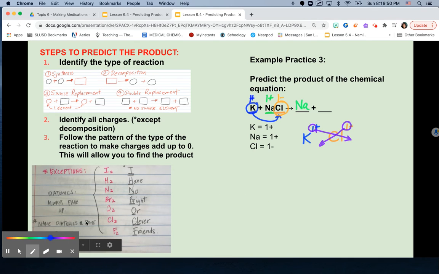And also remember that in chemistry, we don't need to write the number 1 if I only have one of them. So it's just going to be KCl. And this is our final answer.